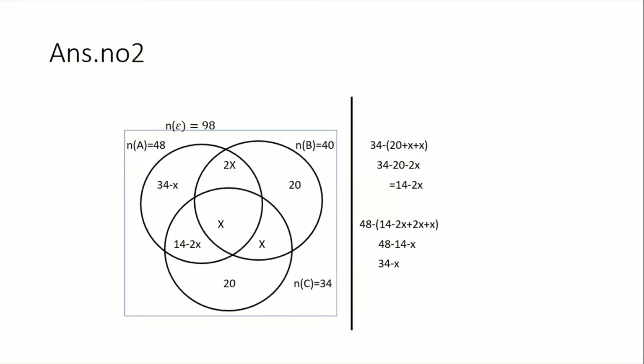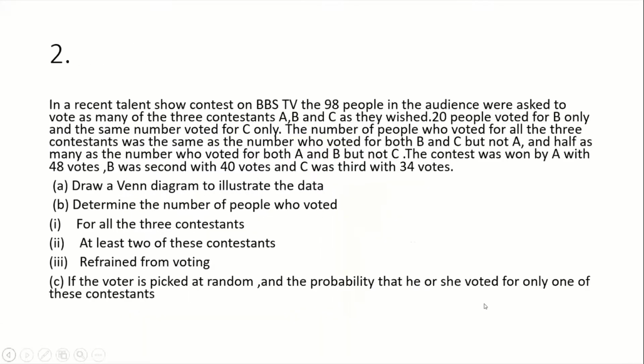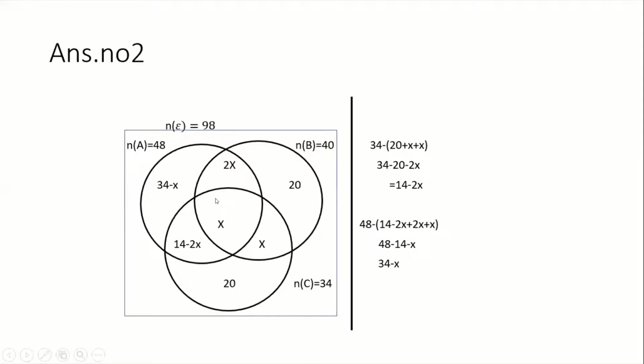Vivian, let me bring you back to the question, how I got the 2x. It is telling us the number of people who voted for all the three contestants was half the number of people who voted for A and B, but not C. So the number of people who voted for all three was half of those who voted for A intersection B only.